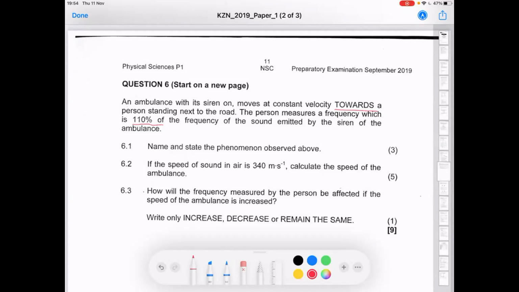The next question is, how will the frequency measured by the person be affected if the speed of the ambulance is increased? Increase, decrease, or remain the same. If the speed is increasing, then the frequency is going to increase. But let's answer 6.2 quickly. Calculate the speed of the ambulance.